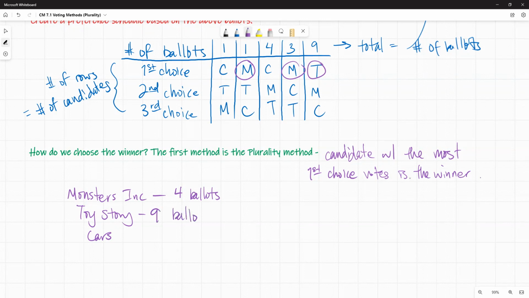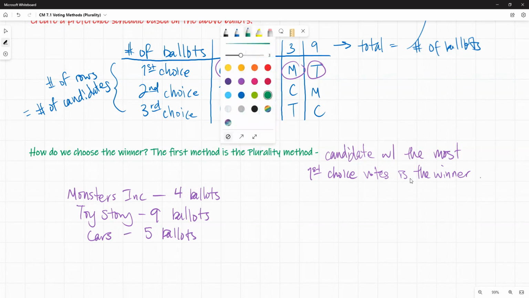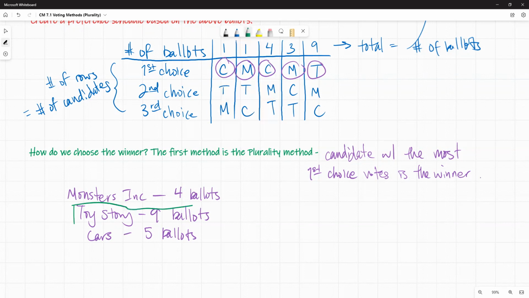So even though it's only 1 column, that configuration got a lot of votes. And then Cars, we have 2 places, 1 and 4. That gives us a total of 5 ballots for Cars being first place. So then our winner for this election is Toy Story.